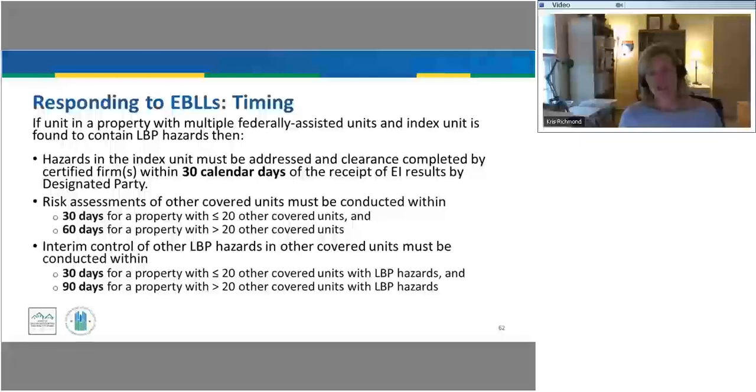If we have greater than 20 other coverage units, the risk assessments need to be done in 60 days. If we did identify lead hazards in our other coverage units, then we have interim controls. That's our lead hazard control treatment that needs to be conducted. That needs to be done within 30 days for a property with less than or equal to 20 other coverage units, and 90 days for a property with more than 20 other coverage units.